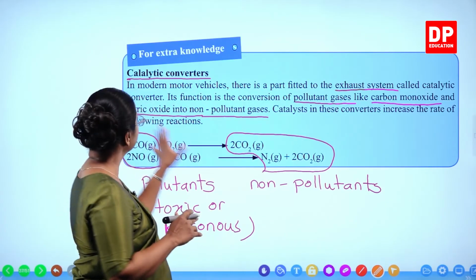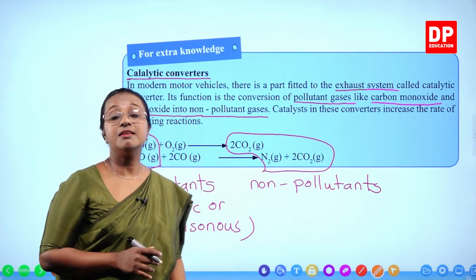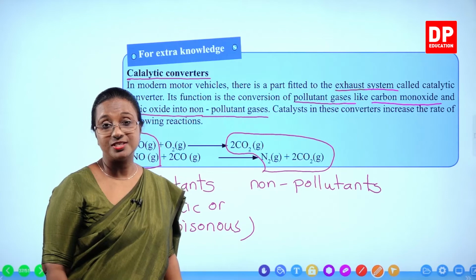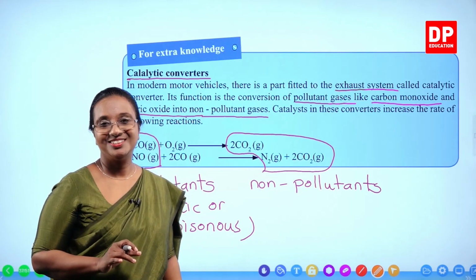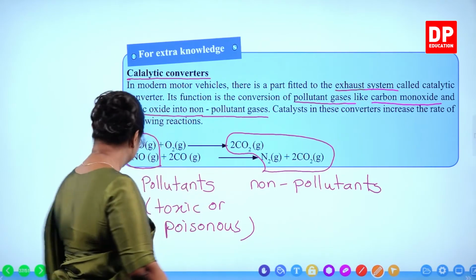So those are the catalysts that facilitate or increase the rate of these reactions. As extra knowledge, you all have to remember that, students. Is that clear to you all? So with that, I will move on to the next slide.